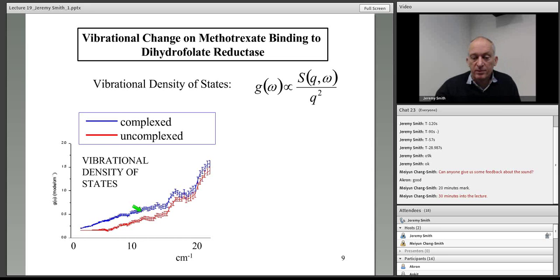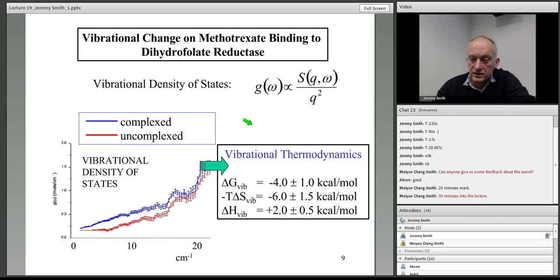Now, why is this biologically important? Well, if you know this density of states, you know the complete vibrational thermodynamics of the system, and so this can be calculated, the change in the free energy, delta G, and the entropic and enthalpic components of those can be simply calculated from the shift in vibrational frequencies.